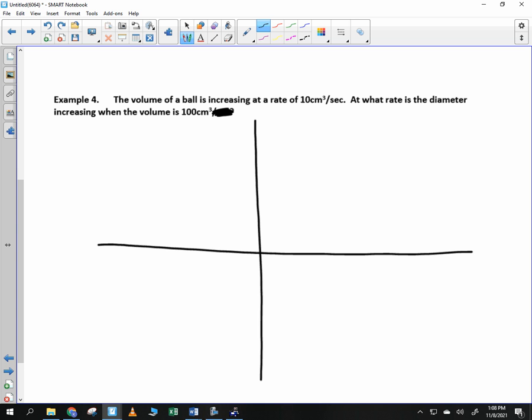Fortunately, you're extremely intelligent people. You're not going to have any problem with this. We ready? I have a sphere. What is my formula for the volume of a sphere?